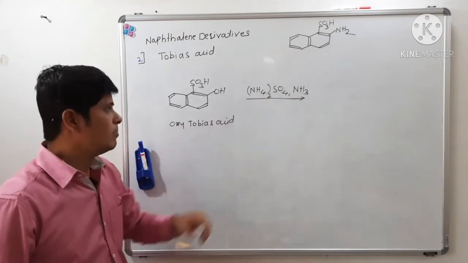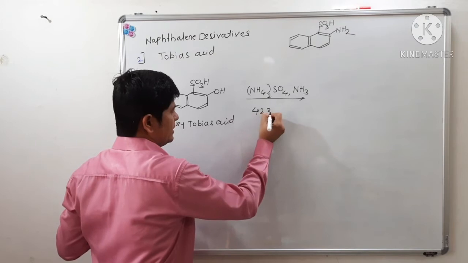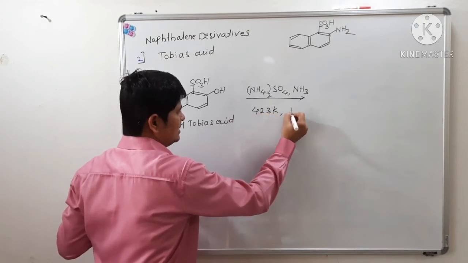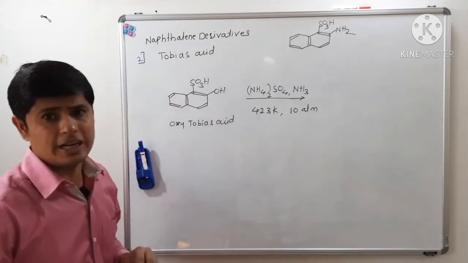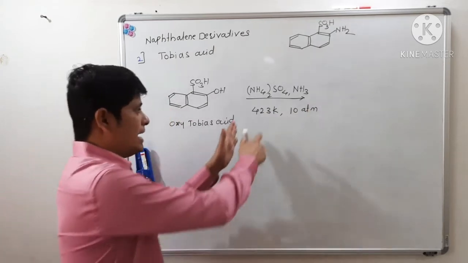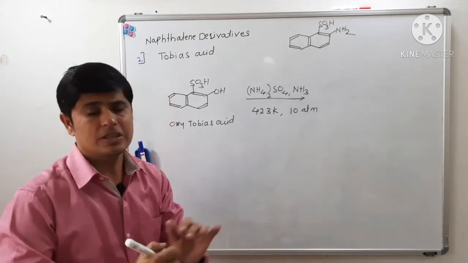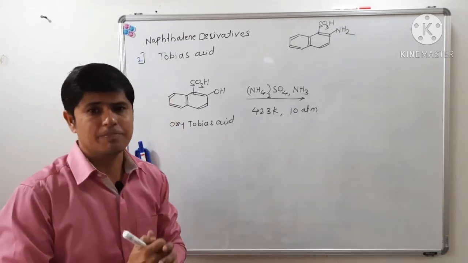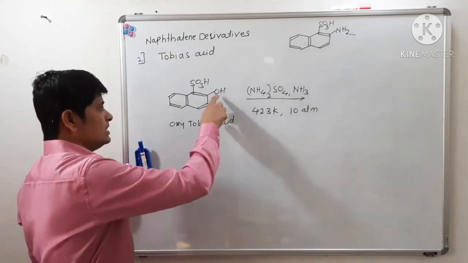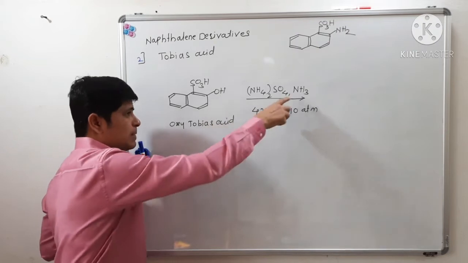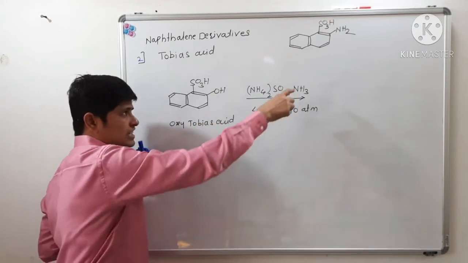Oxy-Tobias acid is reacted with ammonia in presence of ammonium sulfate at 423 degree Kelvin and about 10 atmospheric pressure. That means high temperature and pressure are both required for this reaction. Then the hydroxyl group gets replaced by NH2 functionality. The ammonium sulfate and ammonia are the source of NH2 functionality.